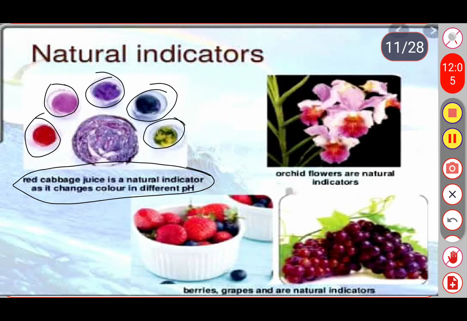So it shows different kinds of colors at different pH values. Next, orchid flowers are also natural indicators. Berries and grapes are also some examples of natural indicators.